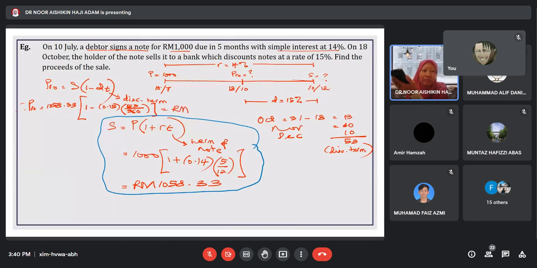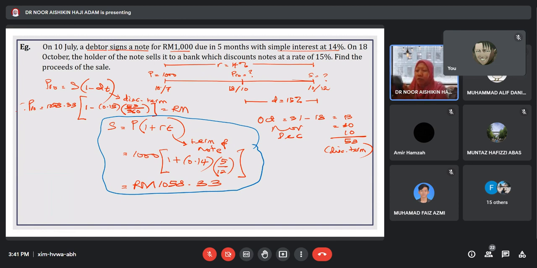So how much is that? RM? Okay. You boleh tulis 1058.33 SS kan? It should be 0.333333 and so on. Betul? So, saya nak tulis proceeds tu, saya kenalah tulis ringgit and sen tu. So 1058.33, takkanlah saya nak go on and on and on.